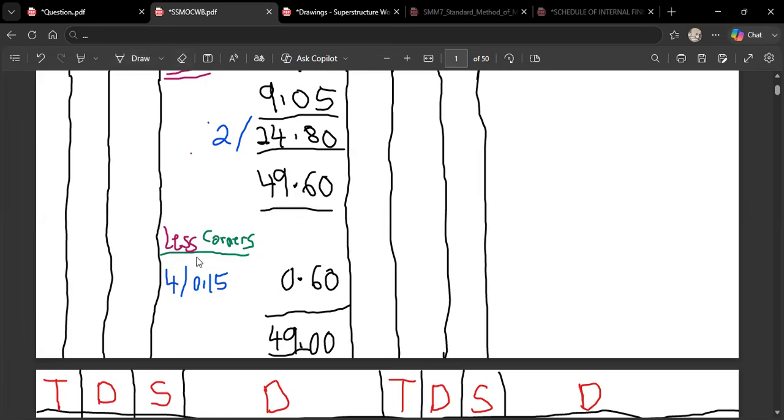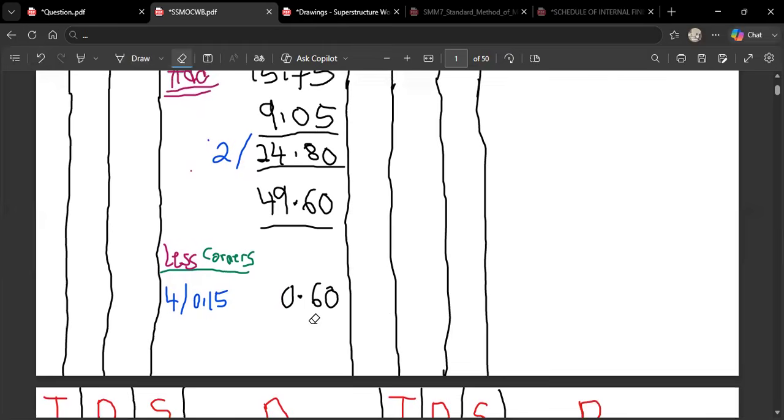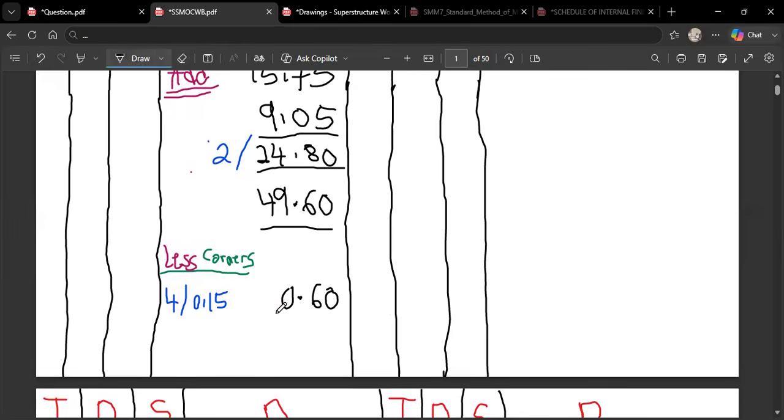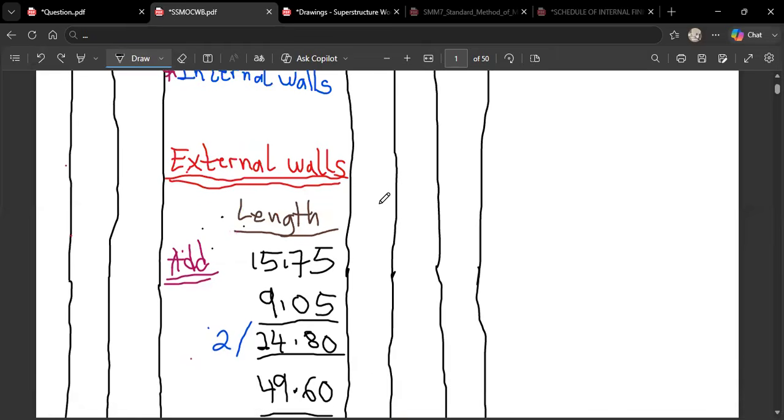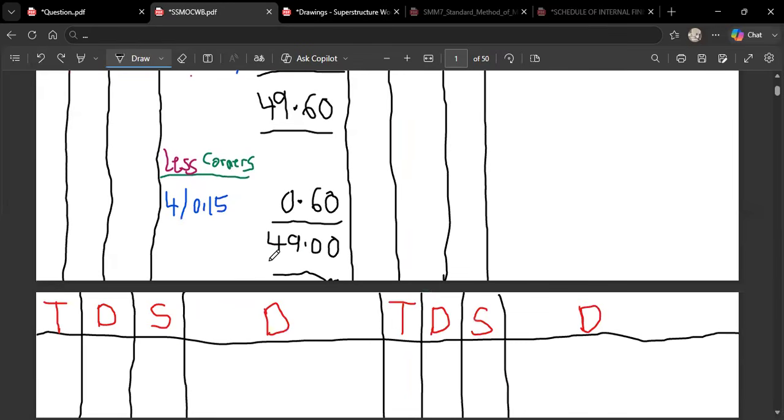Or better still, because of the space, I could rewrite it again so that you can still achieve what you are supposed to learn at the end of the day. So we had 49.00 after the subtraction.